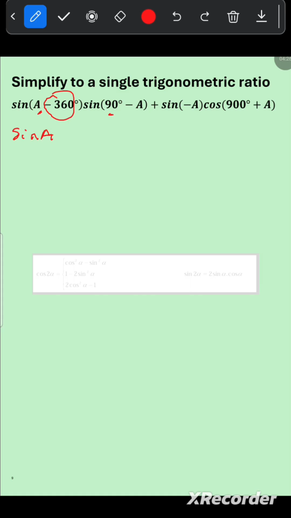Now there, the sine, I drop this. Then when I drop 90, sine must change into what? Into cos. So it is cos a. Then determine whether the sign is positive or negative by replacing the a here with 1 degree.